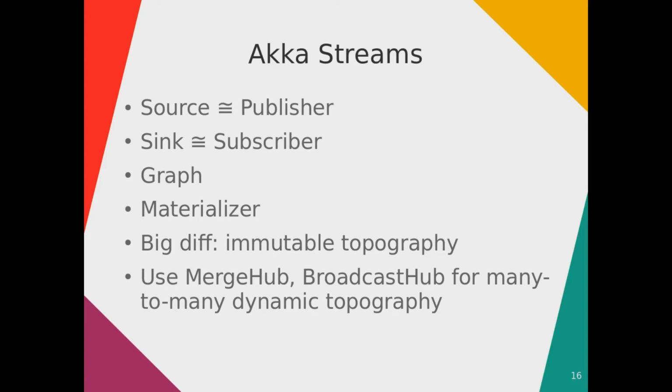You have to use a Materializer, which is like an environment in which to run. The biggest difference with the other two libraries is that it has immutable topography. So if you want a dynamic topography, you have to explicitly use things like the MergeHub and the BroadcastHub to do that.